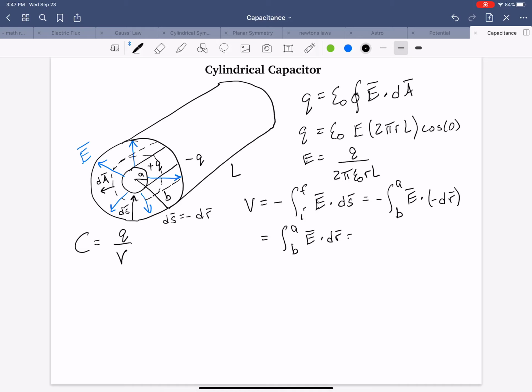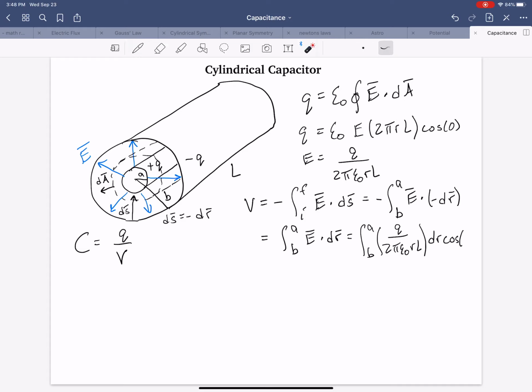Okay, so let's see now. What do we have? Well, the electric field we have from Gauss's law above. So integral B to A of all that, we have Q over 2 pi epsilon naught r times L times the magnitude of dr, which is just dr, and then cosine of the angle in between E and dr. Oh, interesting.